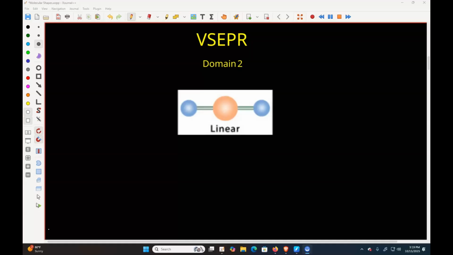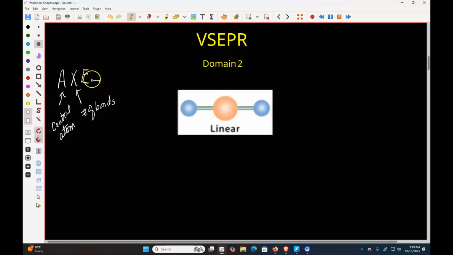I prefer using the AXE notation, where A just signifies the central atom, X is the number of bonds, and E denotes the lone pair electrons. Okay, we will call these domains.